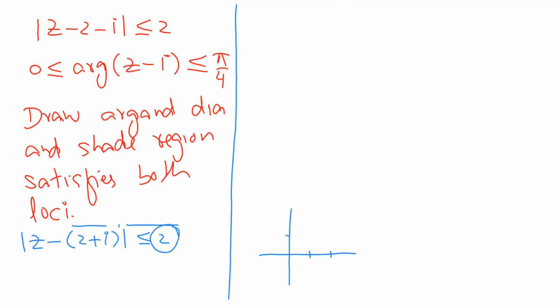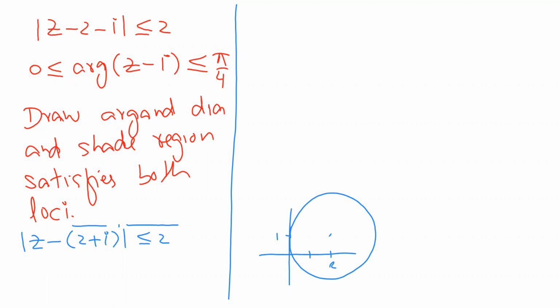But the radius is 2. If the radius were 1, the circle could touch the x-axis, because the height is also 1. But now the radius is 2, and this is 2, so 100% the circle will touch the y-axis like this. Okay, so this is a rough idea you have to make first.